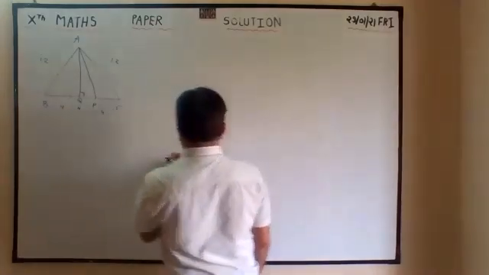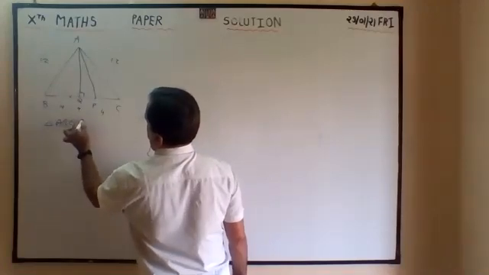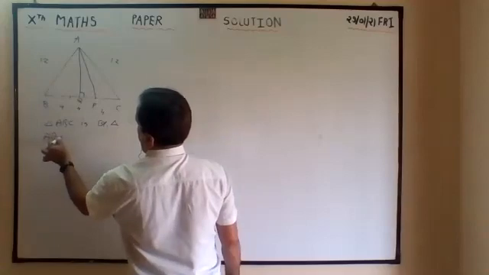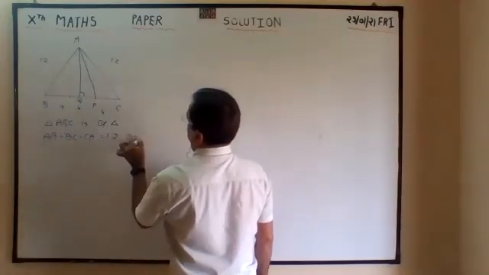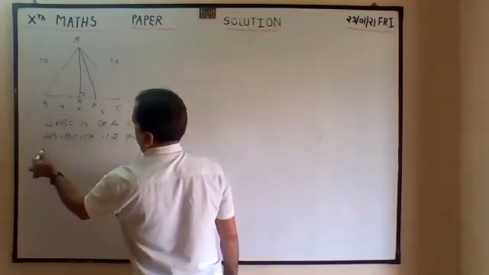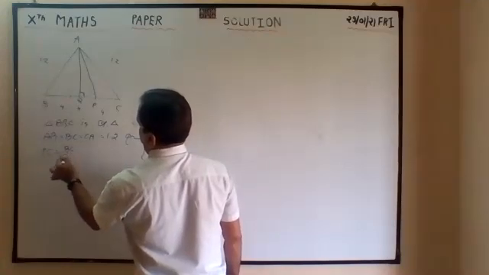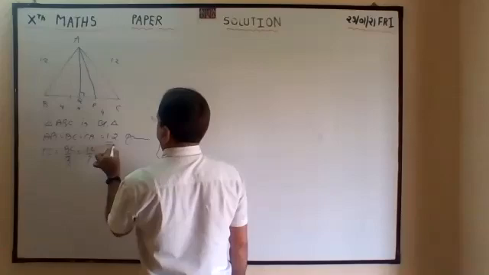Okay, step number 1. Triangle ABC is an equilateral triangle. AB is equal to BC is equal to CA is equal to 12, given. PC is equal to BC by 3. So 12 by 3 is equal to 4.